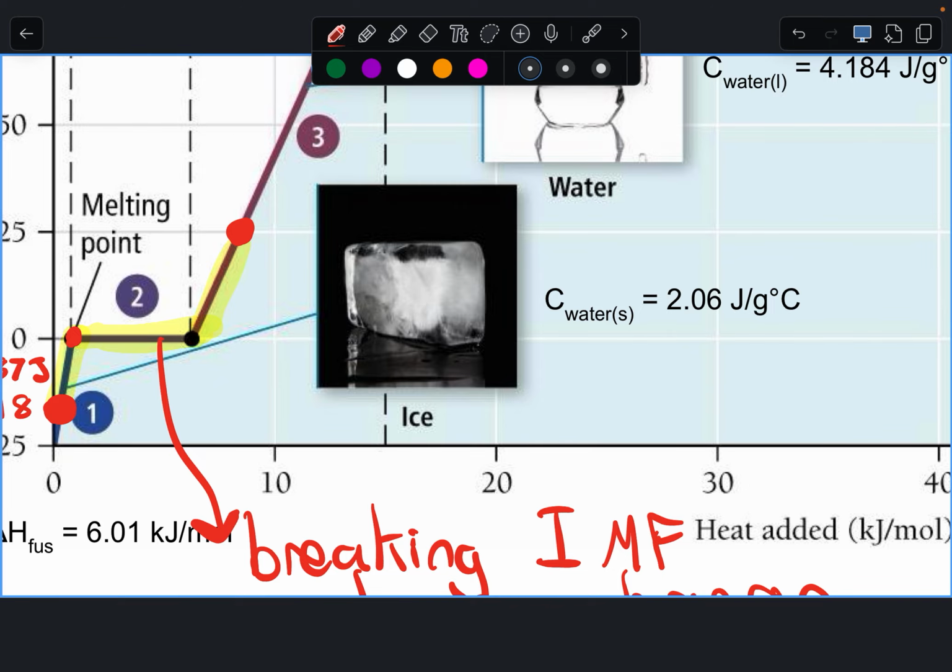The other way you can tell is because there's no change in temperature. We see that because the line is flat, not increasing on the y-axis at all. That must be where the energy is going. Even if you didn't know this was the melting point, that flat line is an indicator of the phase change, because all that energy is going into breaking the intermolecular forces.